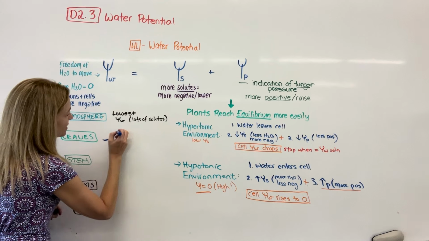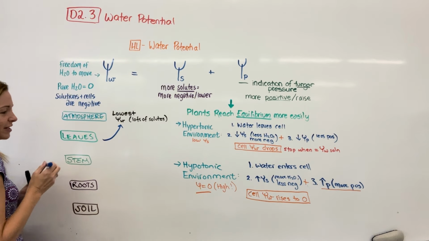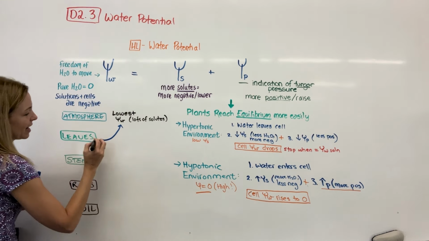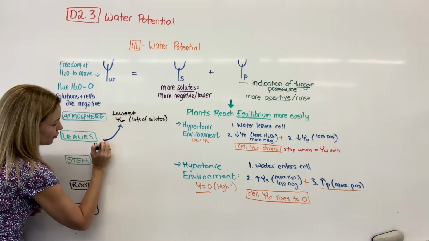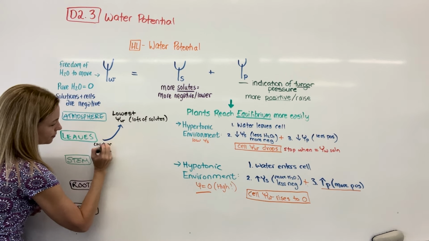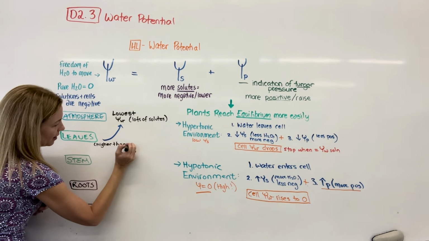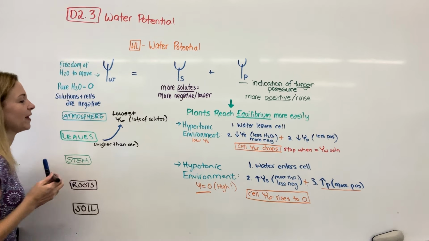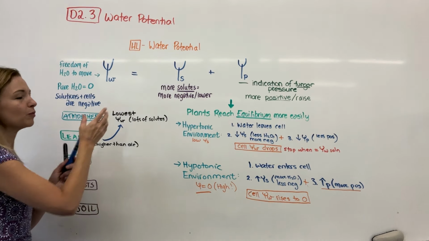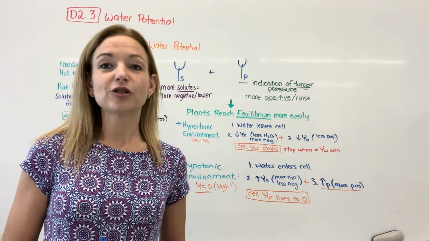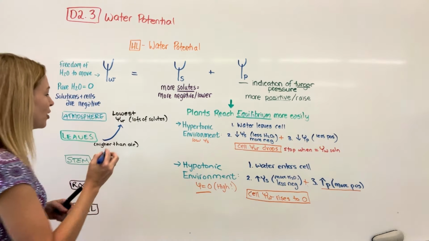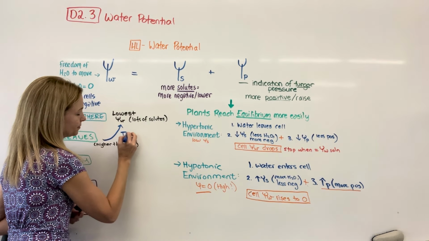So it's going to pull water this direction because this has a higher water potential than the air. Because that is higher than the air, water is going to move from the leaves to the atmosphere via the process of transpiration.